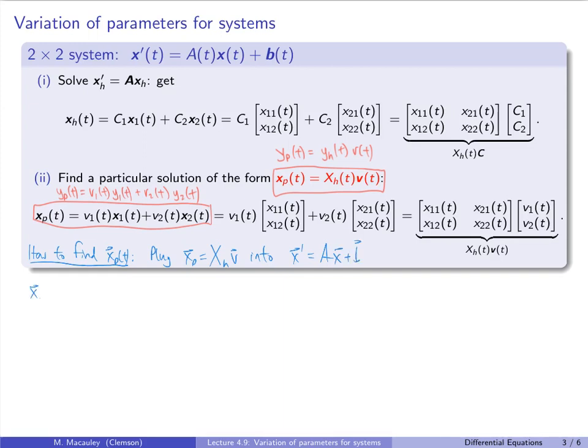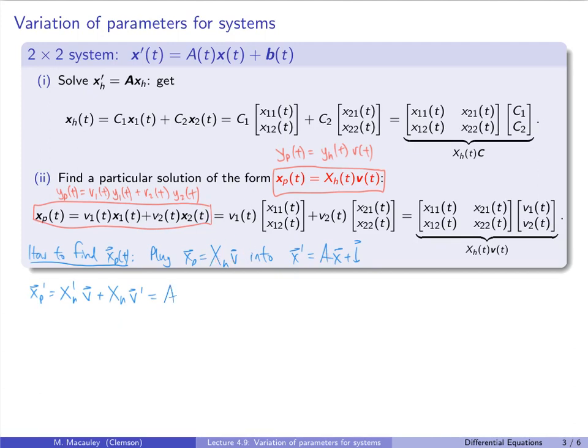So xp prime, we have this product here. The derivative, we have to use the product rule. That's just xh prime times v plus xh times v prime. And then the right-hand side, we just have to plug this in for x here. So this is a times this product plus b.